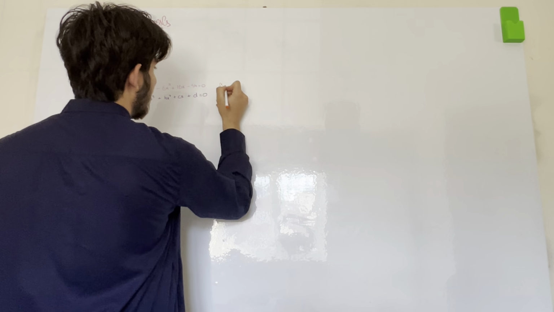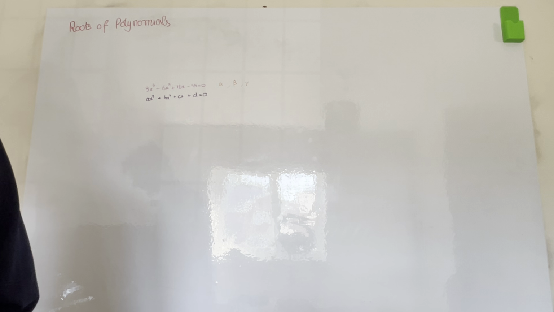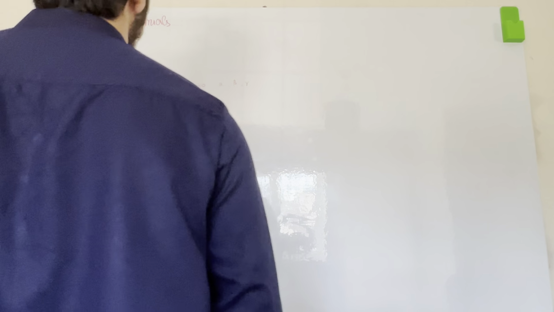And now that you realize that minus b over a would just be minus 6 over 3, which would be minus 2, what we can clearly deduce from this is that if we add up all the roots of this equation, and because this is a cubic, it will have 3 roots. It will have alpha, which is one root, beta, which is another root, and gamma, which is the final root. So because you have to consider 3 solutions, you have to include them in your Vieta's theorems as well. And they don't change that much, and it's the same principle regardless.